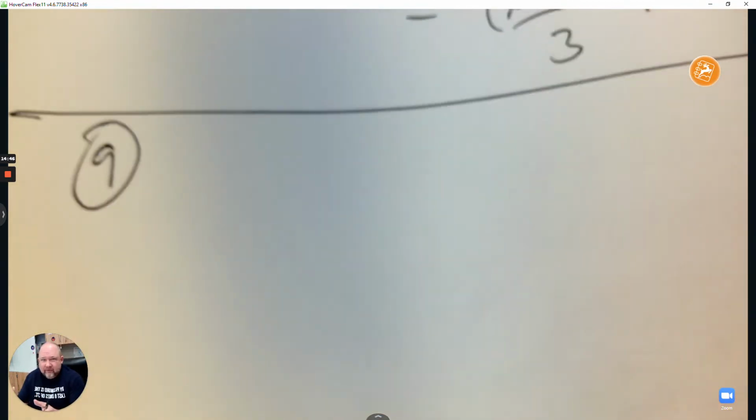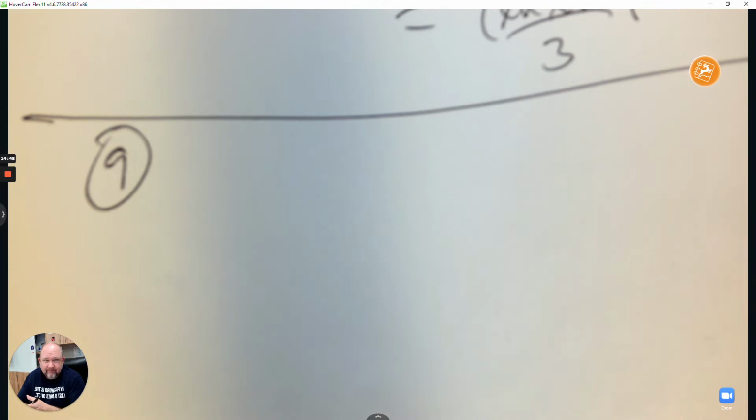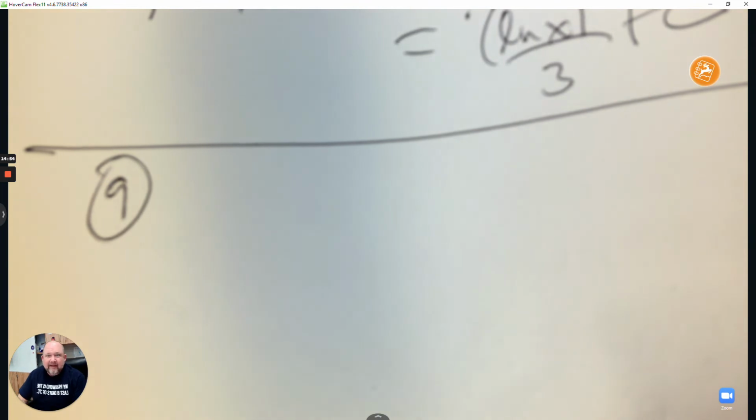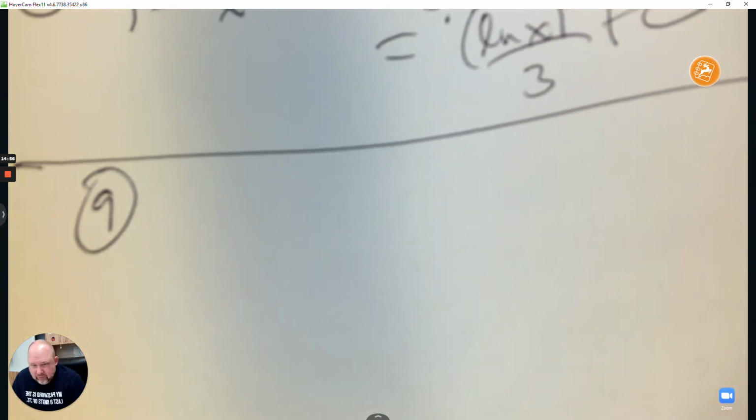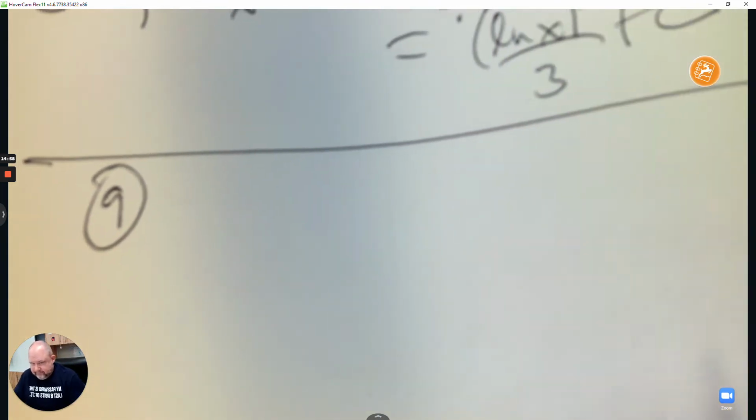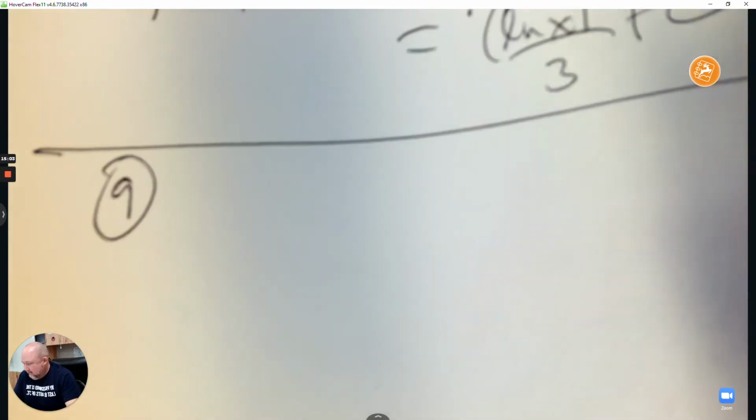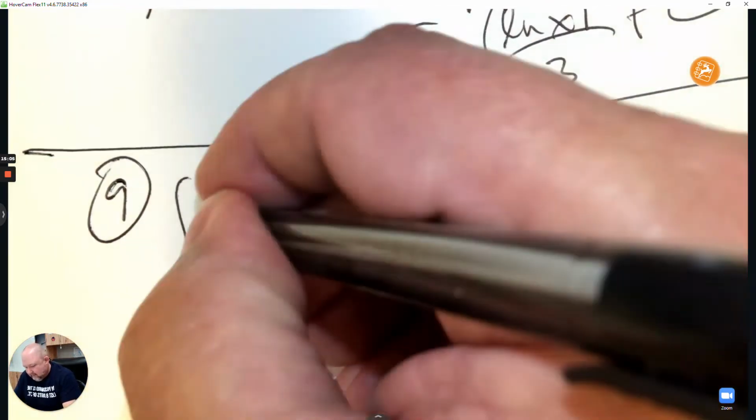I'm telling you, integration is like solving a puzzle, and derivatives is just plugging it into a machine. And so some just want to plug it in, but some like the puzzle part of can you figure it out. And if you like the puzzle part, then you know you're becoming a mathematician. That's scary, isn't it?